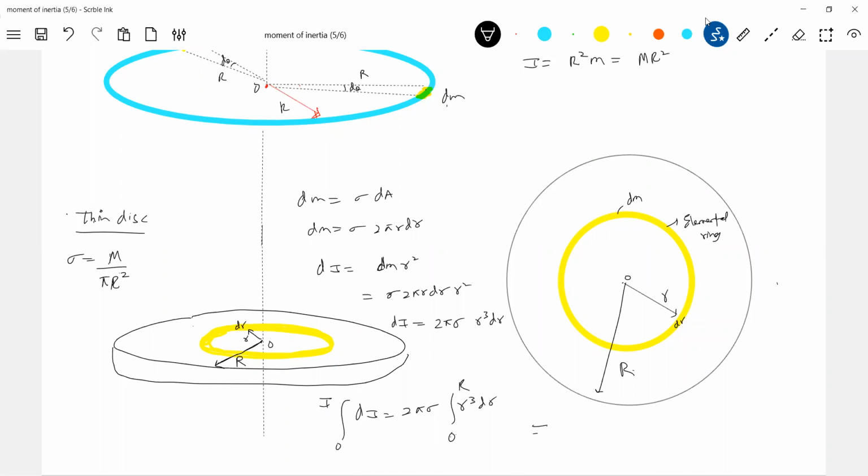Then finally, I'll get 2 pi sigma r to the power 4 by 4. 2 pi sigma is what? M by pi r square, times R to the power 4 by 4. M by pi r square. Pi gets cancelled.